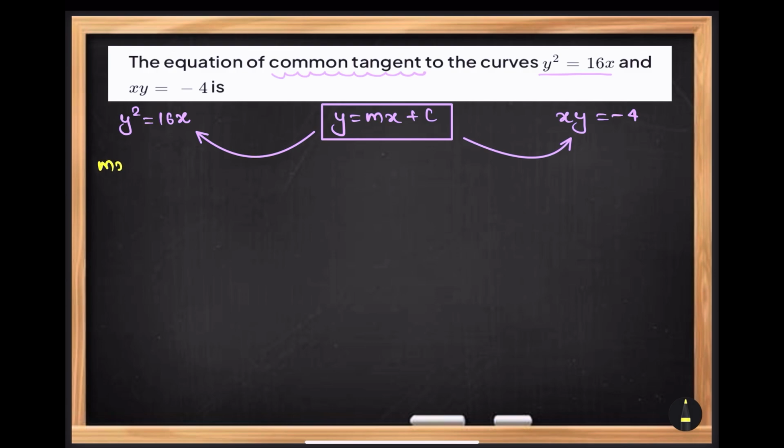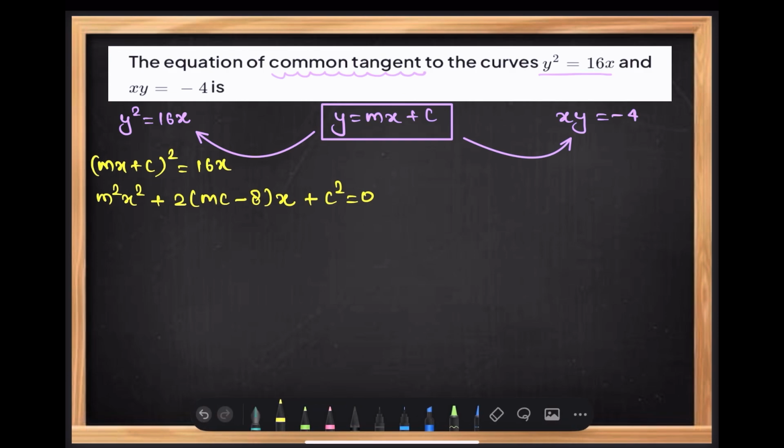So it is (mx + c)² = 16x. Now let's write this in standard form. It is m²x² + 2(mc - 8)x + c² = 0.